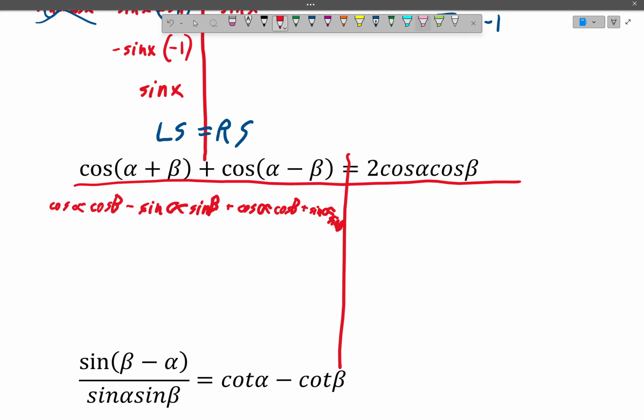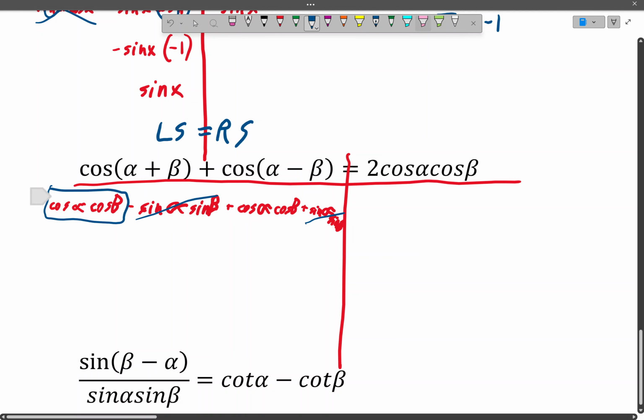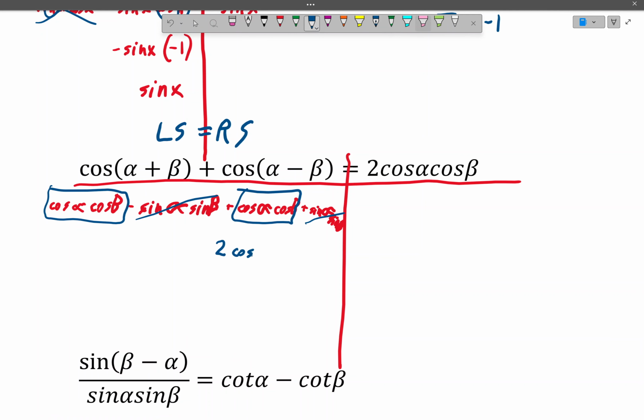Okay, it got a little messy there, but bear with me here. You'll notice that this one and this one cancel with each other, and there's two of these that are both positive. So there's two of them, so it's 2 cos alpha cos beta. And at this point, we can already say left side equals right side.